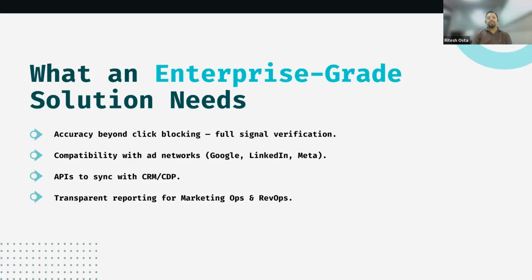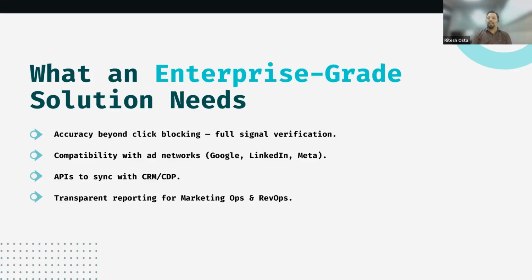There needs to be compatibility with ad networks. So you have to create systems which are compatible with ad networks, and the product analytics and the web analytics systems that can work with the ad networks. API to sync, CRM and CDP, and transparent reporting for marketing ops and RevOps, right?